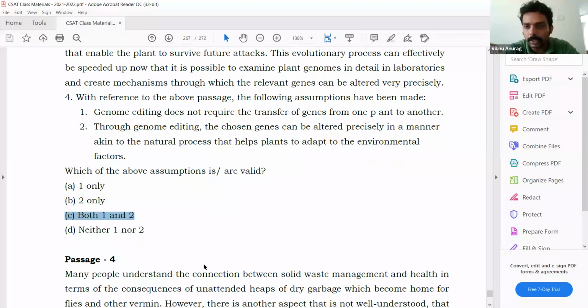Okay. Are you clear with it now though? Now is it? Yeah, okay. Then passage 4.